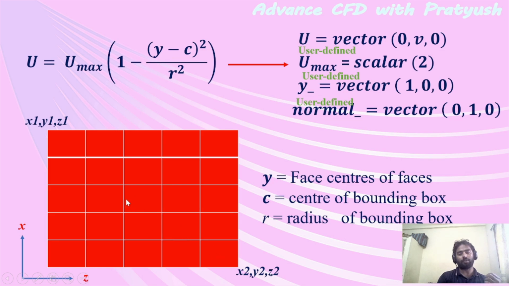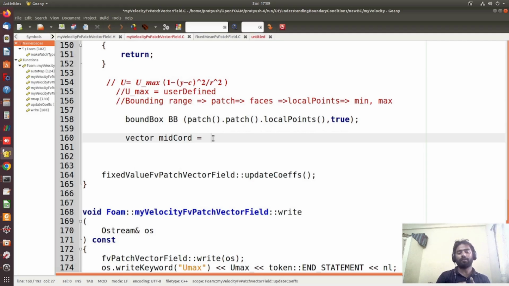That is what I mean to say, that the mid coordinate will be the sum of these two, max and min, then taking the half, so we can do 0.5 multiplied by bb.max plus bb.min. So we are calling these two functions, max and min, and using them we are going to calculate the mid coordinates.